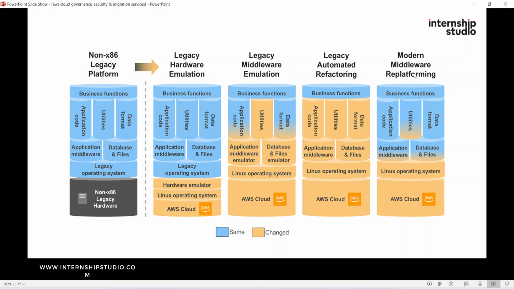Modern middleware re-platforming involves hosting all the servers and OS-related things in the AWS cloud, but the business functions, application code, utilities for data format, application middleware, and database and files will involve a mix of legacy and cloud-related components here.